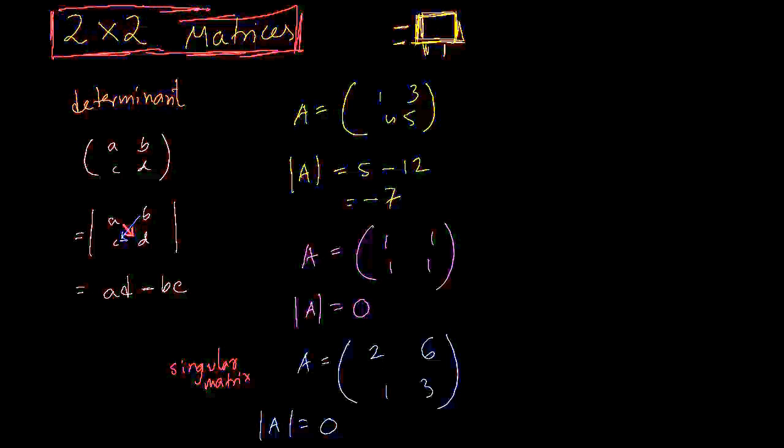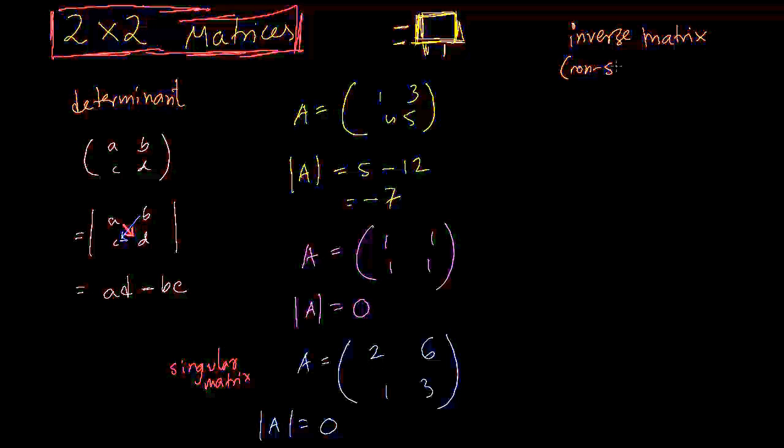The next thing that we have to find out is the inverse of a matrix. Now, you cannot invert every single matrix. It is important to remember singular matrices have no inverse. So you can only invert non-singular matrices.